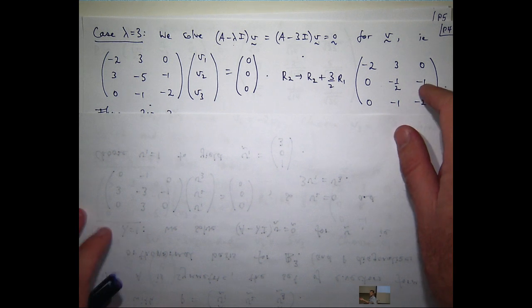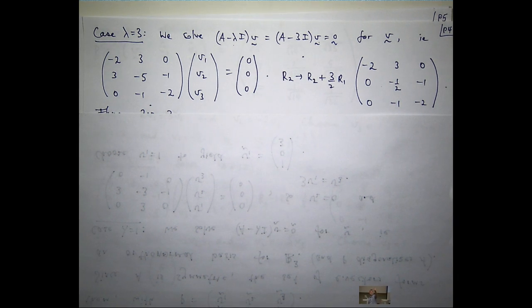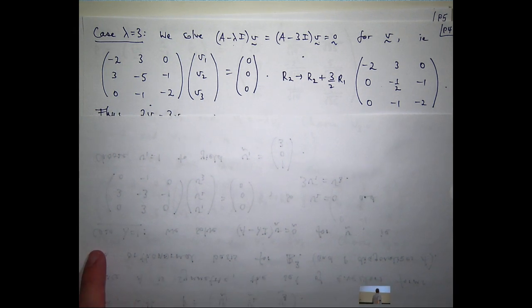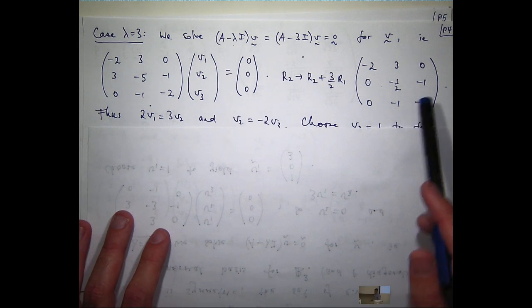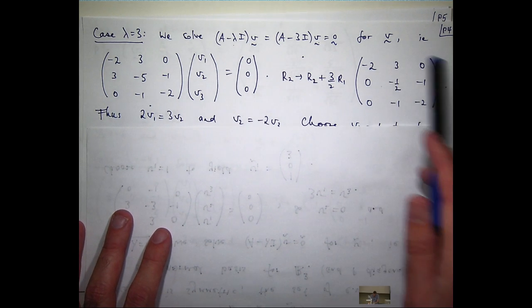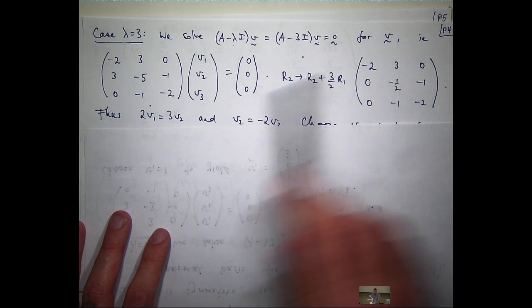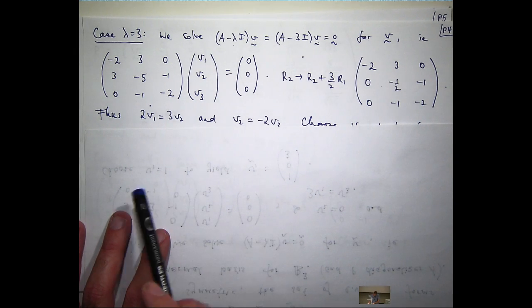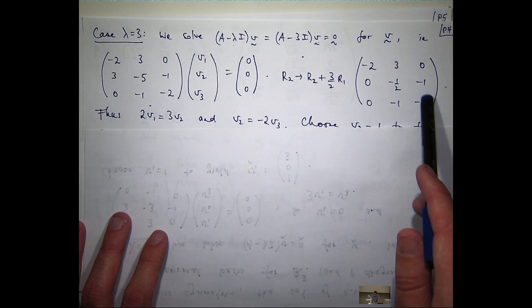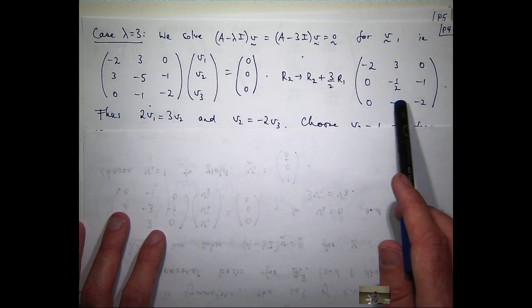So again, I'm going to get an infinite number of solutions. Let's say I write out the equation with the first row involved. That's going to give me 2v1 plus 3v2 equals 3v2. And let's choose this one. That's going to give me v2 equals minus 2v3.